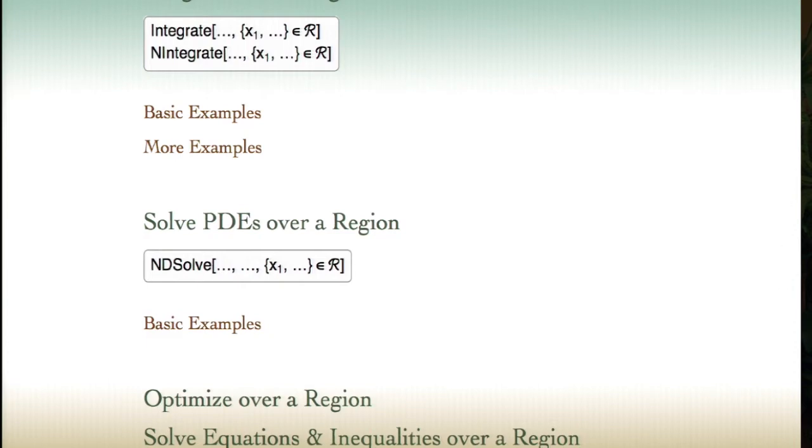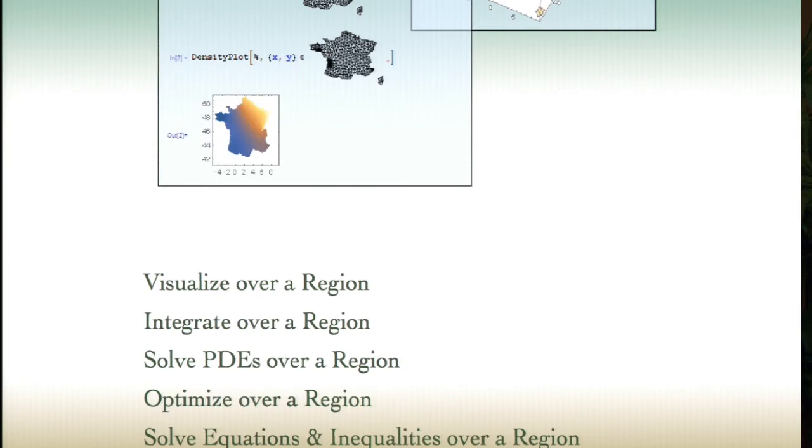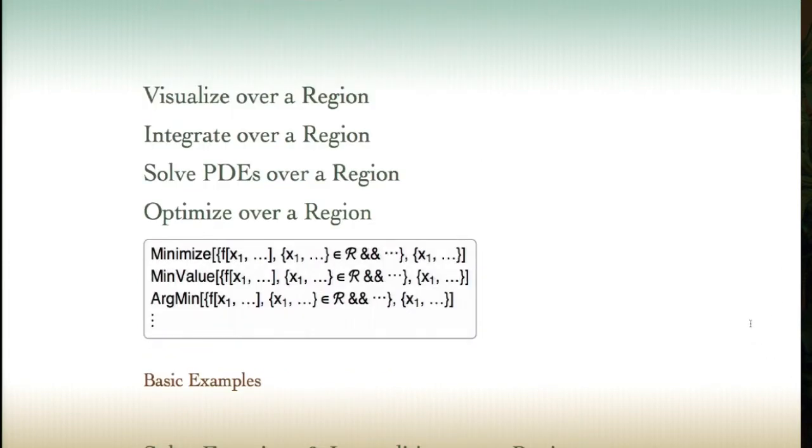Okay. Another area that makes heavy use of regions is optimization. The standard way that we represent regions for optimization is with implicit forms, inequalities. So we can use what you saw me use for the probability example to include region constraints in optimization problems.